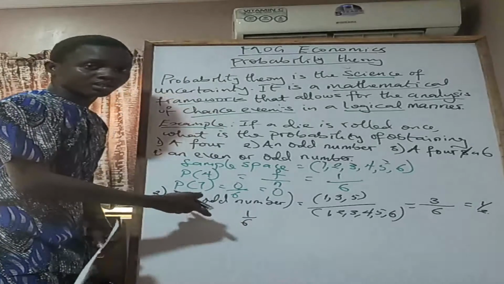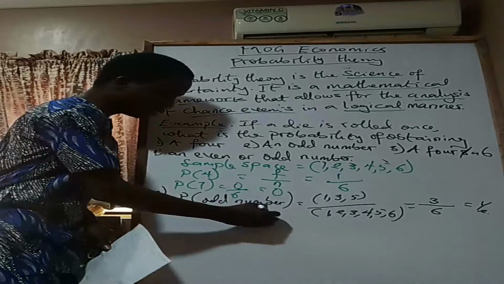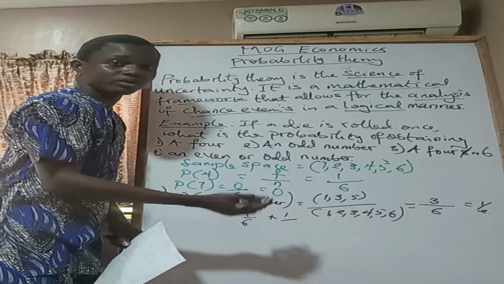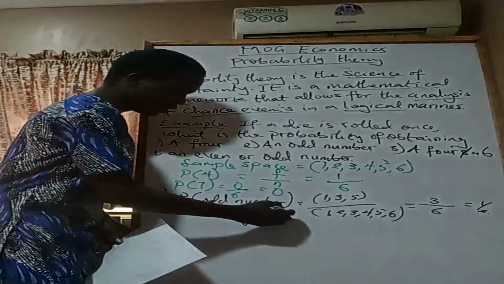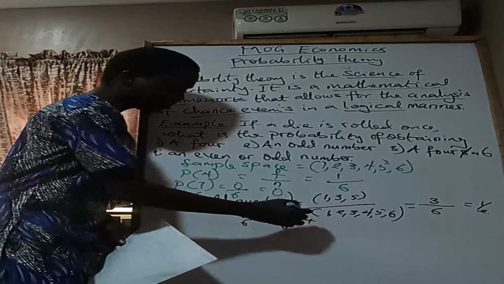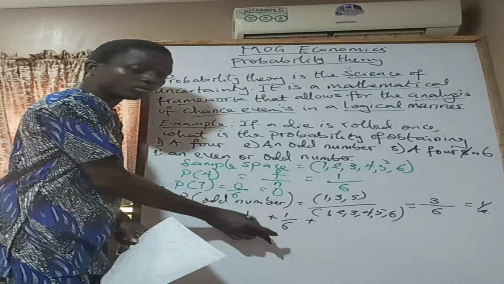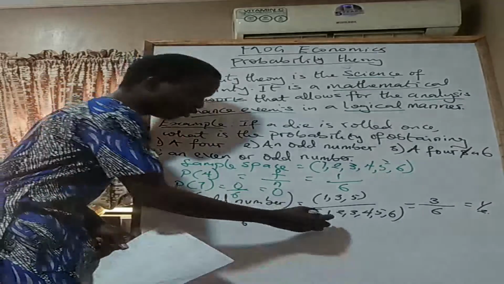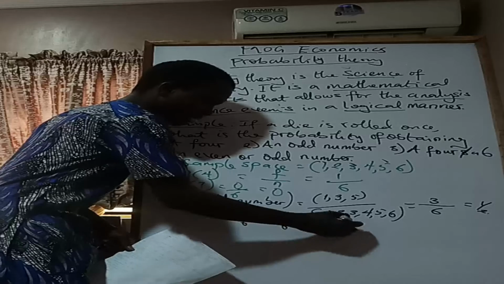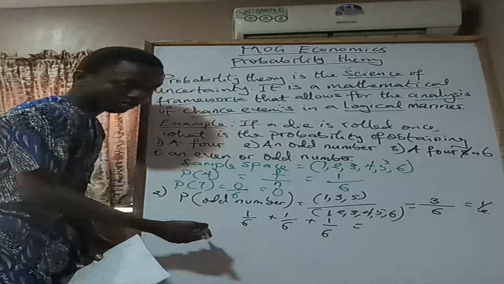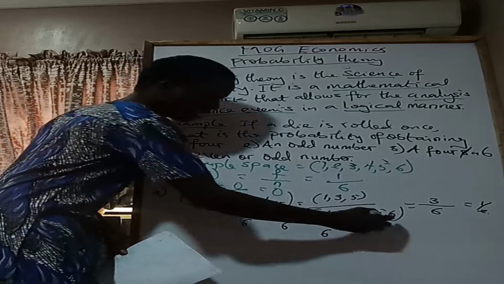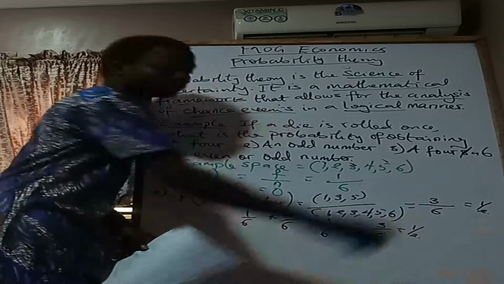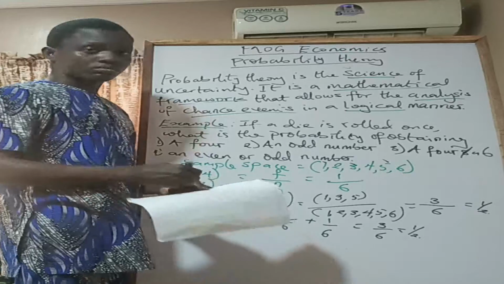That's the chance that you are going to find number 1. Then 3 occurs once too, so that's still 1/6, plus the probability that you're going to get a 5, which is also 1/6. They have the same denominator, so 1 plus 1 plus 1 is 3/6, and then you still have your half. Simple, basic. Hope you're getting it.